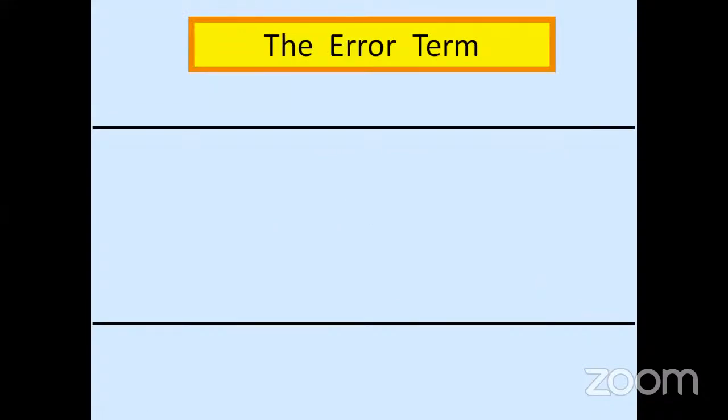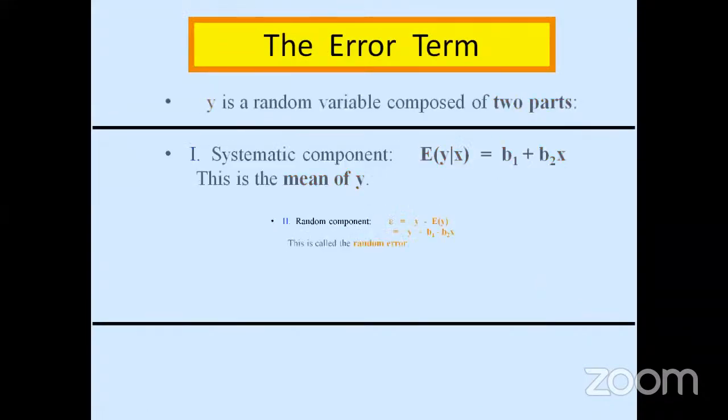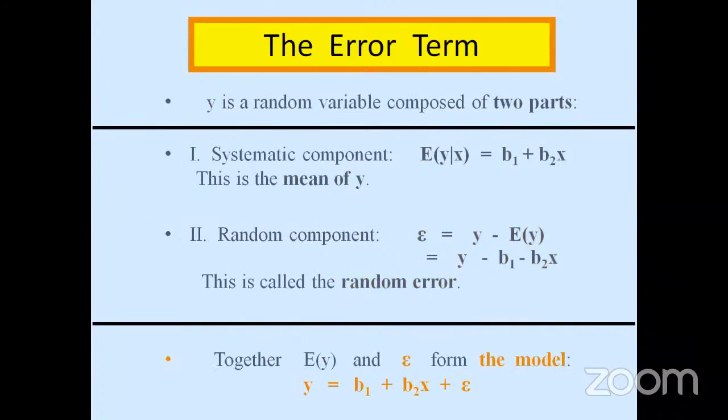I said something about the error term. The error term is very important to understand to complete the model, because without the error term, all the errors which generally come in any aspect of the model will not get signified. Let's see the error term composition. One is the systematic component of y, the mean of y, which is composed of b1 plus b2 times x.